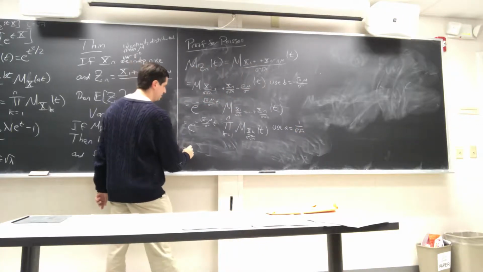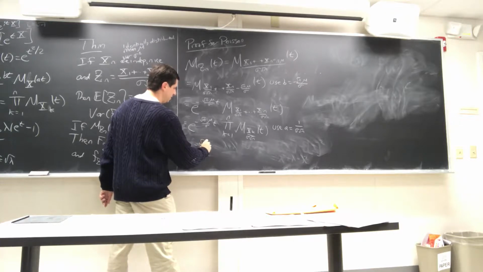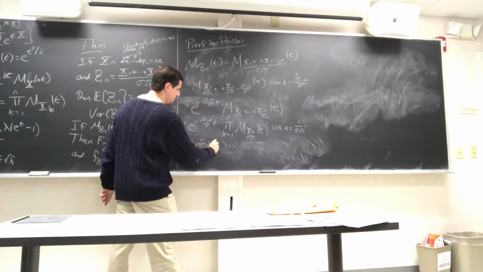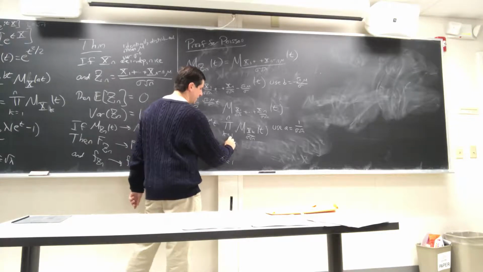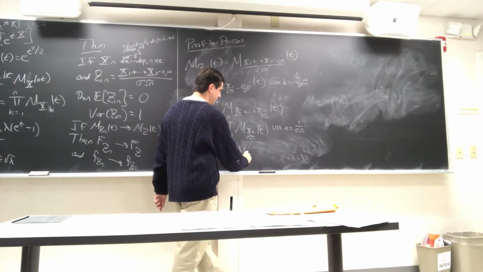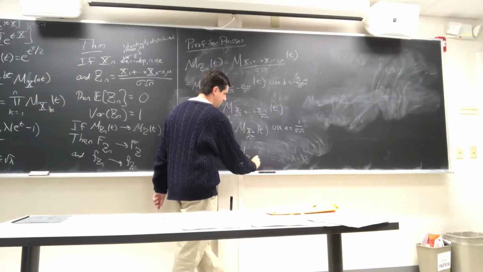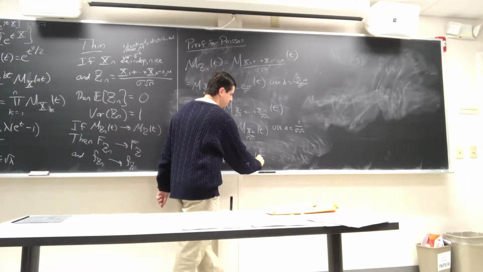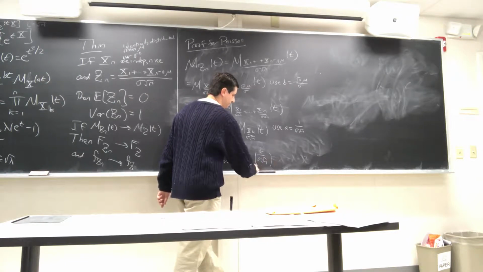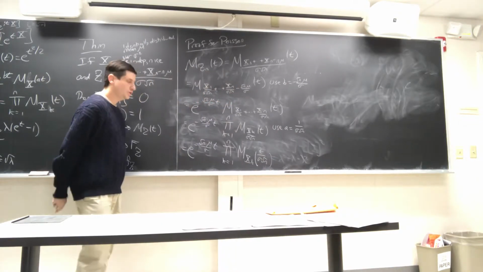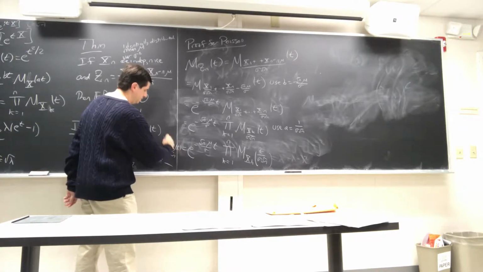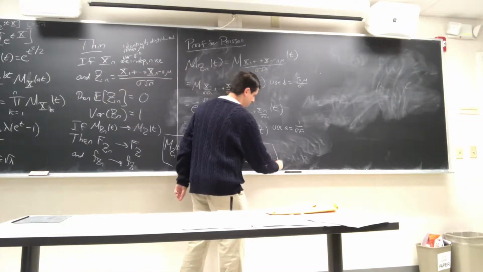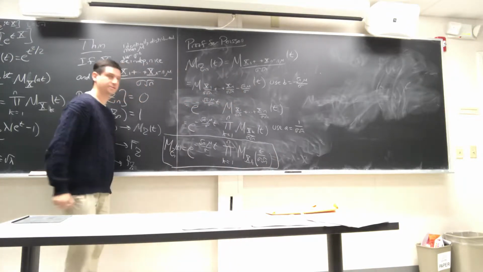And now I get, this is e to the negative square root of n mu over sigma t, times the product, k goes from 1 to n, of the moment generating function of Xk at t over sigma square root of n. So this is the moment generating function of Zn of t. And I will box this off as this is going to be quite important.